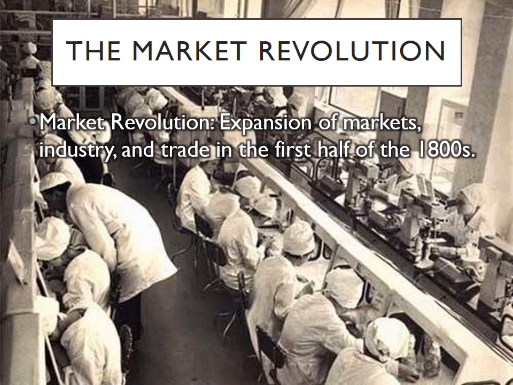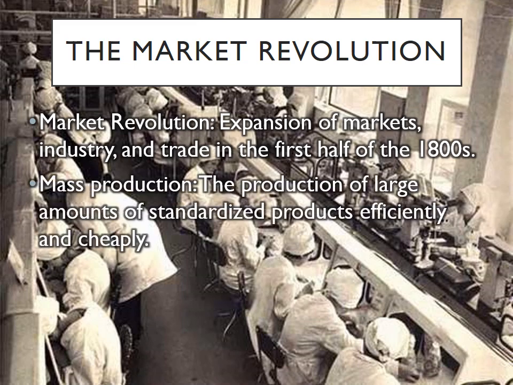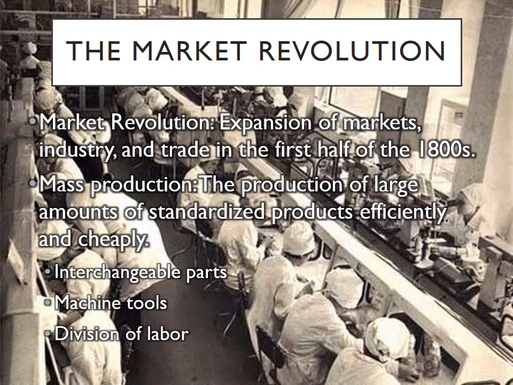So one of the things that is absolutely essential for the creation of this market revolution is mass production, which is the production of large amounts of products that are standardized, meaning they're all exactly the same, and they're made efficiently and relatively cheaply, especially more cheaply than if they were made individually. This is done through the process of using interchangeable parts, machine tools, and a division of labor.